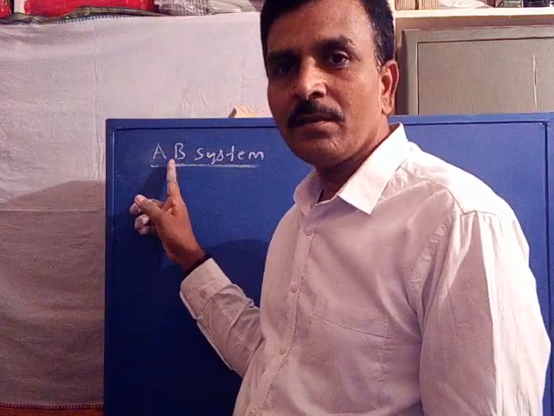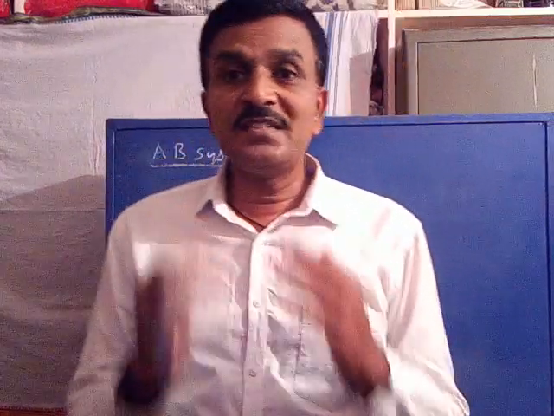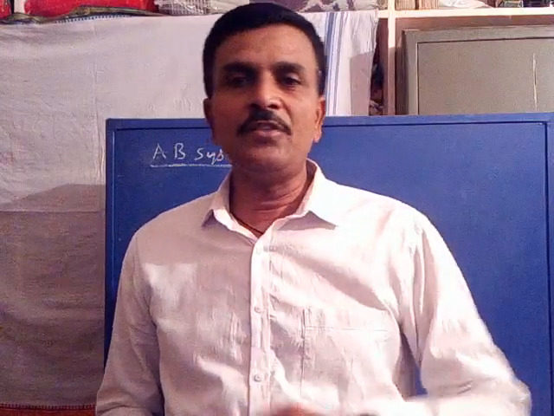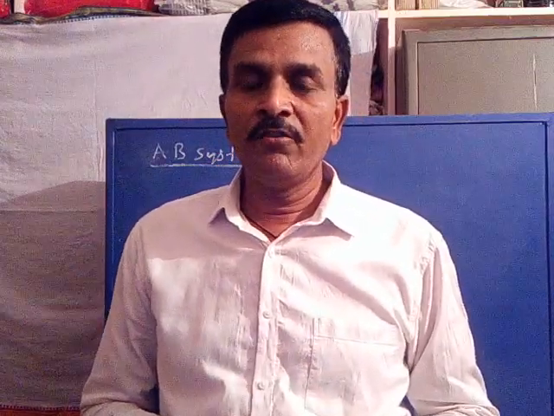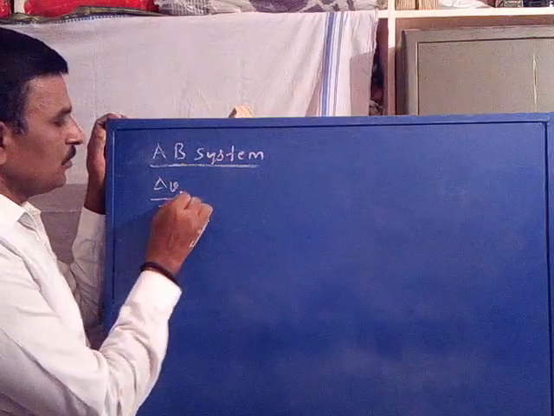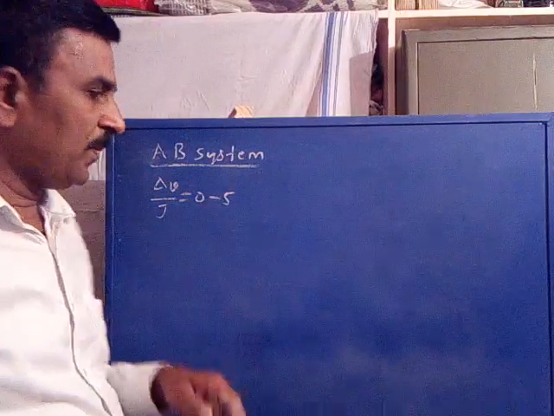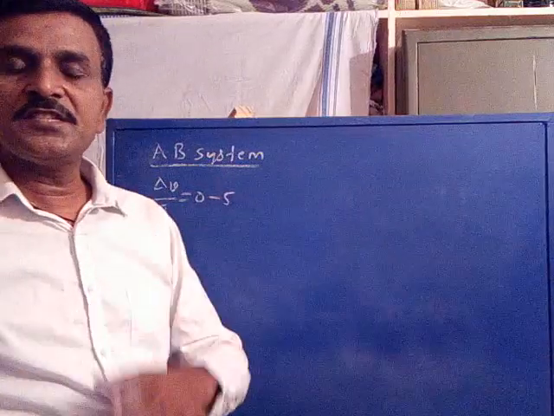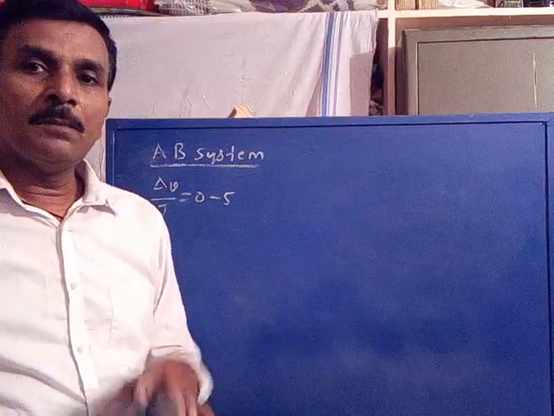One is A, another one is B. So, a molecule which consists of two non-equivalent protons in the ratio of 1:1 coupled with each other but separated by small frequency difference. Small frequency difference, that is, their delta nu divided by J should be 0 to 5.